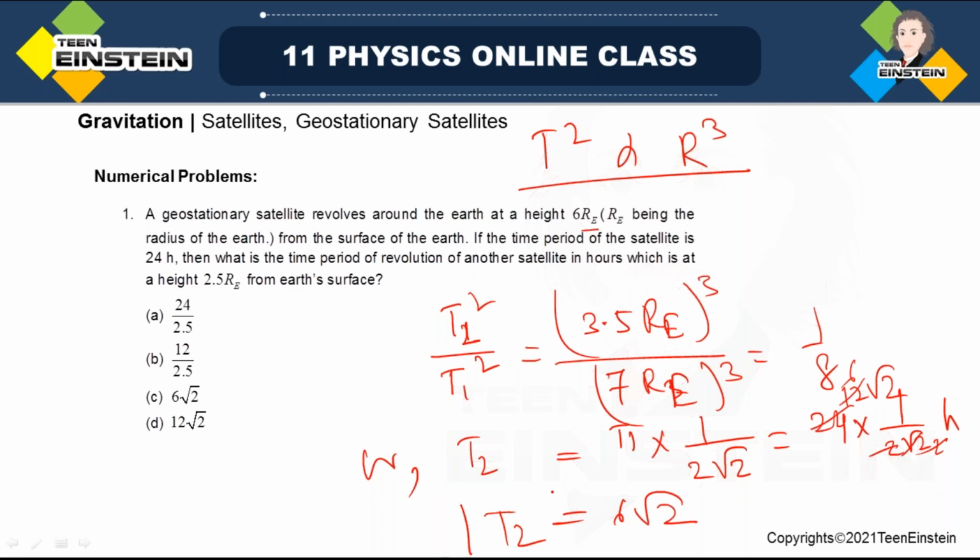Okay, so the time period of the other satellite in hours, which is at 2 RE from the Earth surface away, will be 6 into root 2. Okay, so this is what about this problem.